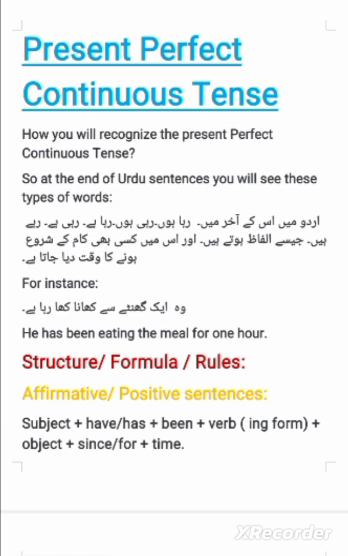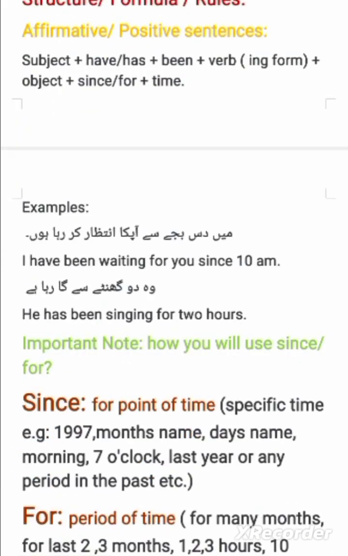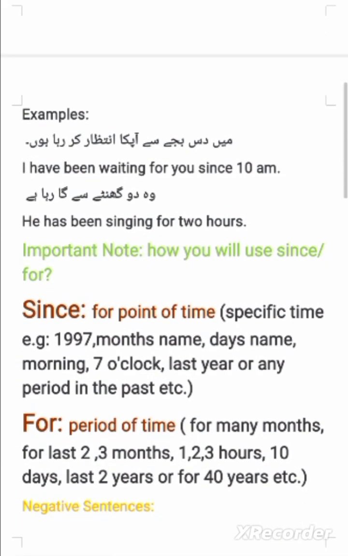So मैंने क्या बोला? 1 घंटे से खत लिख रहा है, राइट? So when there will be the hour, okay, means there is no specification of time, so we will use for 1 hour. All right, but further on you will understand the concept clearly. Okay, since or for. All right, okay, let's move to the examples of the simple or positive sentences.